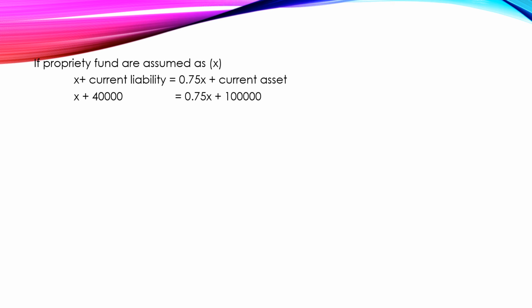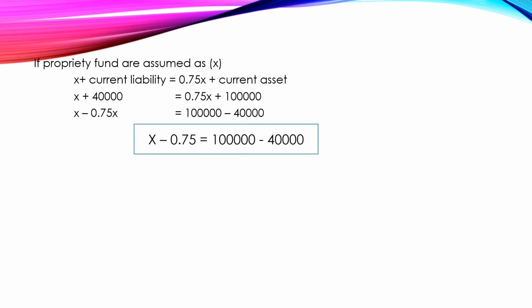Now we are applying the values. X plus 40,000 equal to 0.75X plus 1 lakh. Now we are going to apply cross multiplication. X minus 0.75X is equal to 1 lakh minus 40,000. Next, 1X minus 0.75X is equal to 0.25X. 1 lakh minus 40,000 is equal to 60,000.